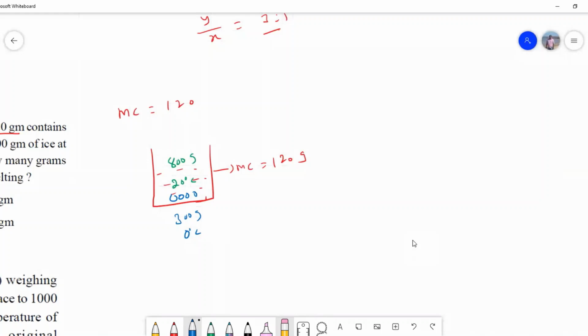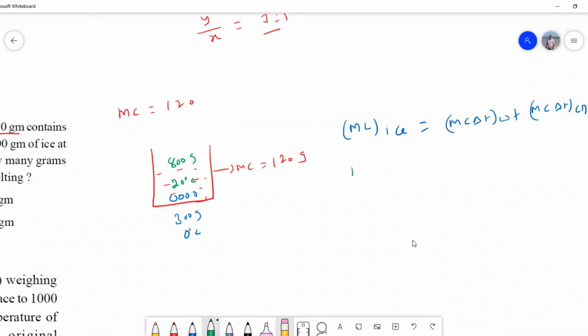So here what happens is heat lost by water and this calorimeter is equal to heat gained by ice. So let us equate mL of ice should be equal to mc delta T of water plus mc delta T of calorimeter. So here ice will gain heat, it will absorb heat, because of that a part is melted.